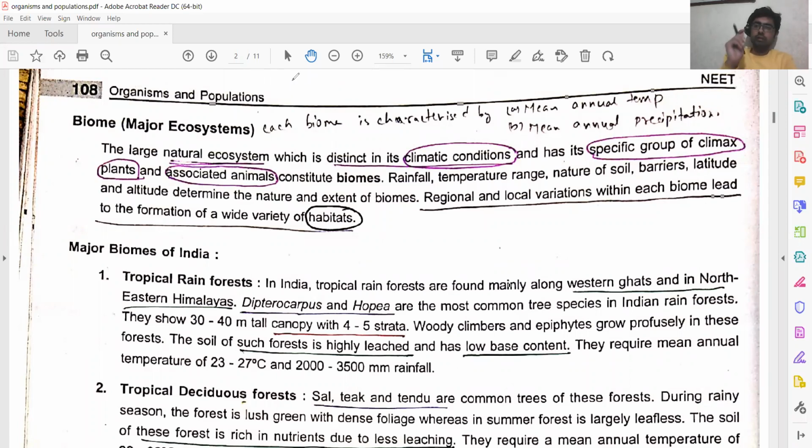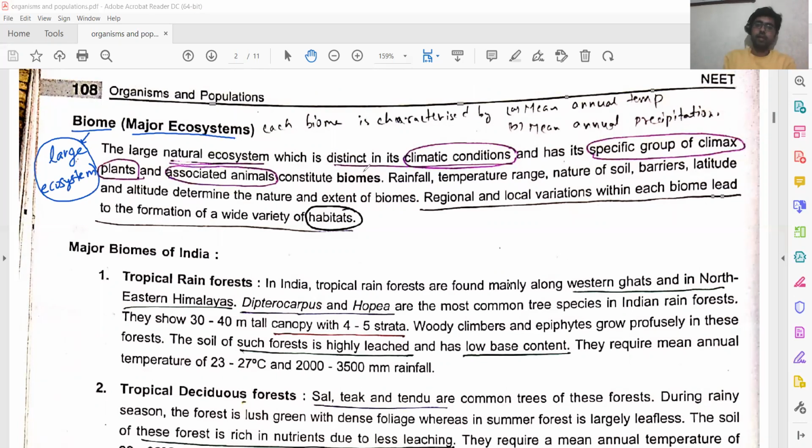First of all, verbal meaning of biome is major, or you may say very large ecosystem. Large ecosystems are called biomes. Let me write it down. Large ecosystems are called biomes. You can see it, major ecosystem.